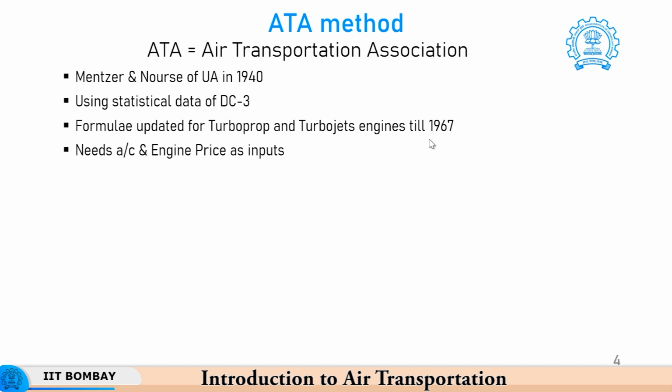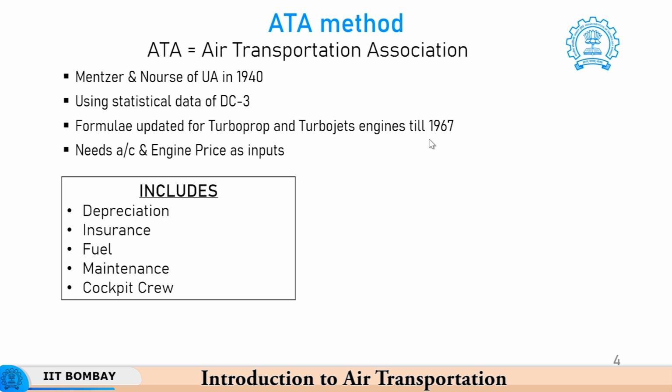This particular model needs aircraft and engine price as inputs. There is no method to directly estimate the effect of various engine parameters on the operating cost, primarily on the cost of the maintenance of the engines. So, it needs the aircraft price and the engine price directly as inputs. It includes several important terms which we discussed in the previous slide.